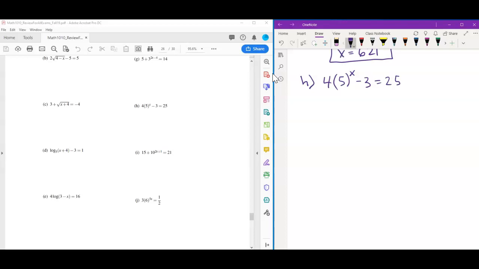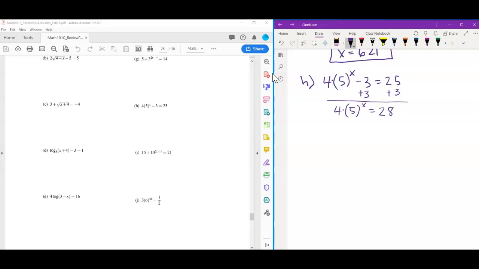Right, so again, we've got this 4 out in front, and we have this minus 3. All right, so this 4 is connected by multiply, and this 3 is connected by subtraction. So we want to move that 3 over first. So let's add the 3 over. So we get 4 times 5 to the x power equals 28.